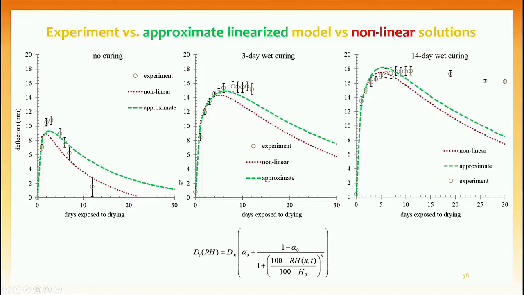And we found that the nonlinear solution in the red and the approximate solution in the green basically show the same trend. And as you increase the duration of the wet curing, the magnitudes and the time to reach the peak of deflection is also increasing for all of them.